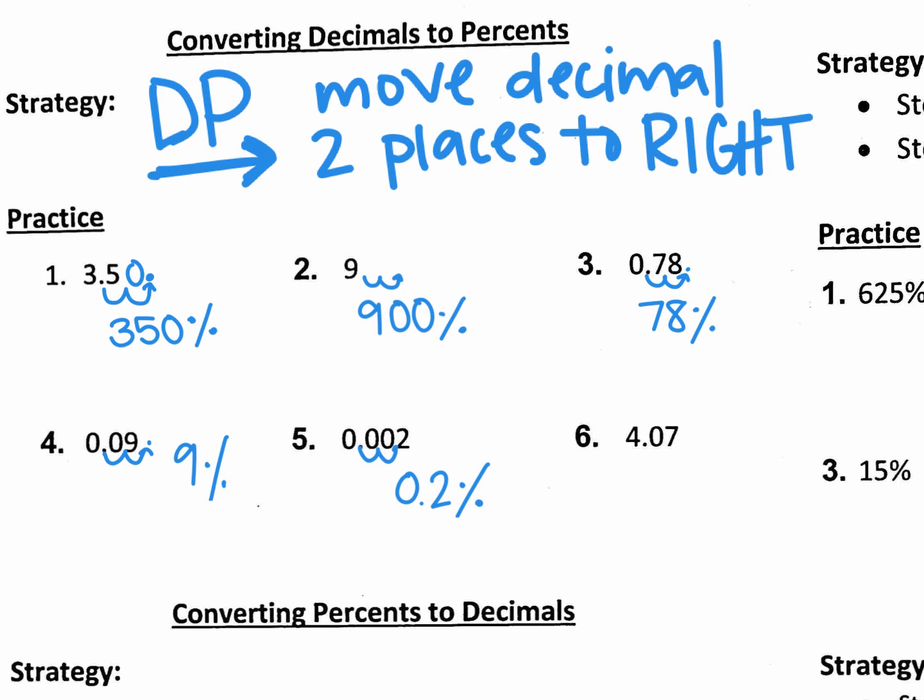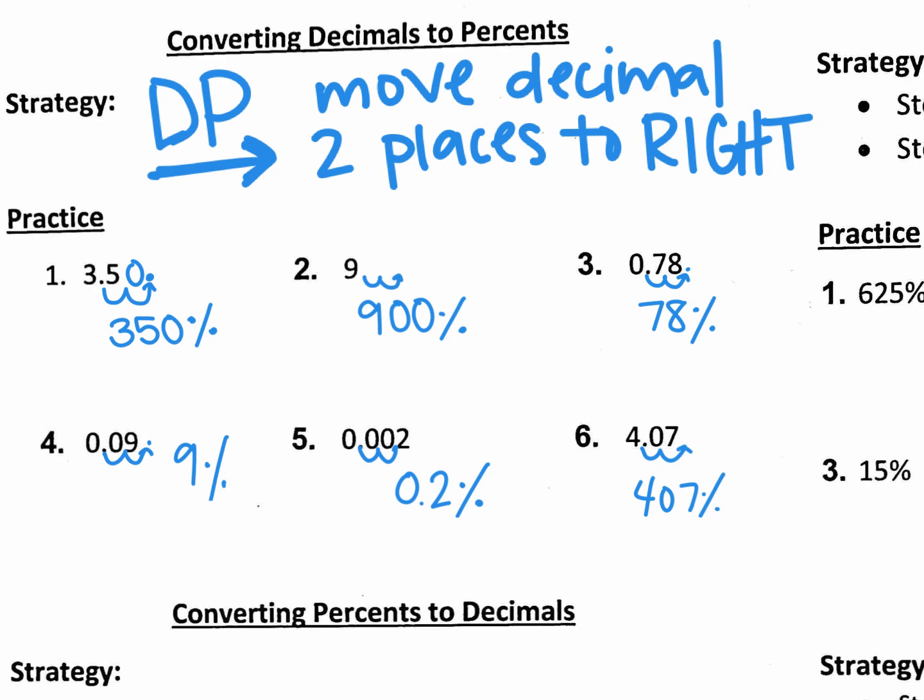It's not, because 0.2% is equivalent to 2 thousandths, which is less than 1 but greater than 0. All right, the next one. 2 places to the right, that's going to be 407%.